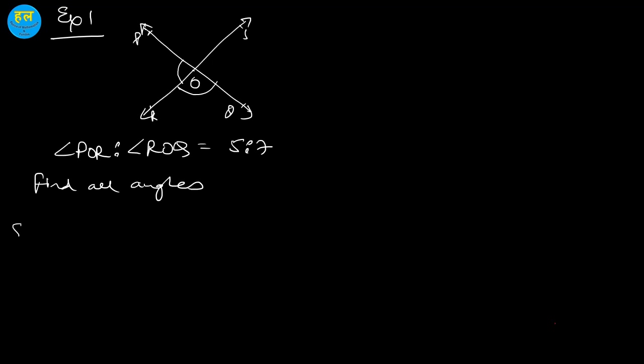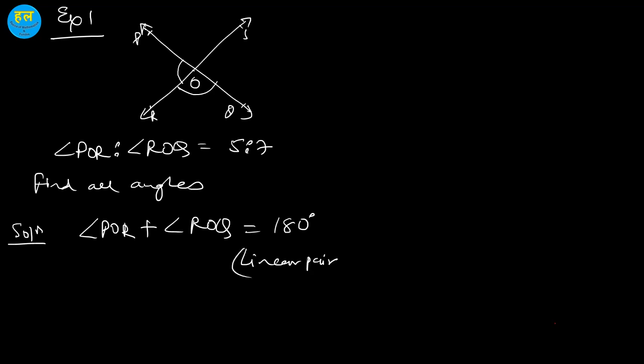Okay, solution. Since angle POR plus angle ROQ is equal to 180 degrees, because of linear pair of angles, they form 180 degrees. Therefore, what is given in the question is that these two angles are in a ratio, and let us assume their multiple is x.